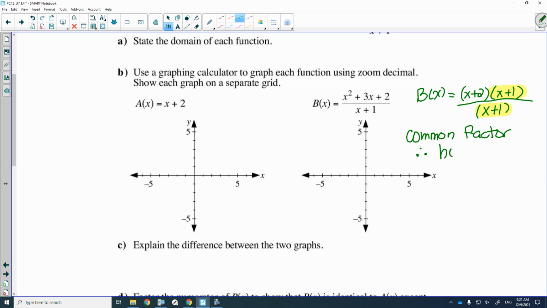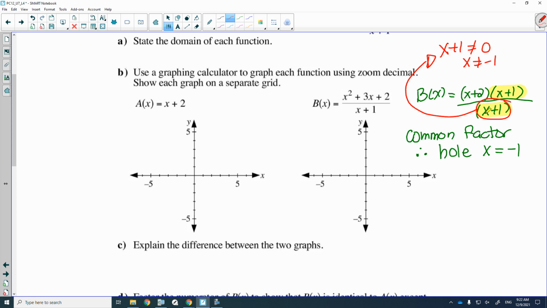It is going to have a hole in my graph, and the equation of the hole is going to be at x is equal to -1. So it's going to be the exact same thing. You got to find the non-permissible value, right? The non-permissible value of this graph was x plus 1 cannot be equal to 0, x cannot be equal to -1. You just have to figure out, is that going to be a VA or is that going to be a hole? Because there's a common factor, there's going to be a hole in this graph.